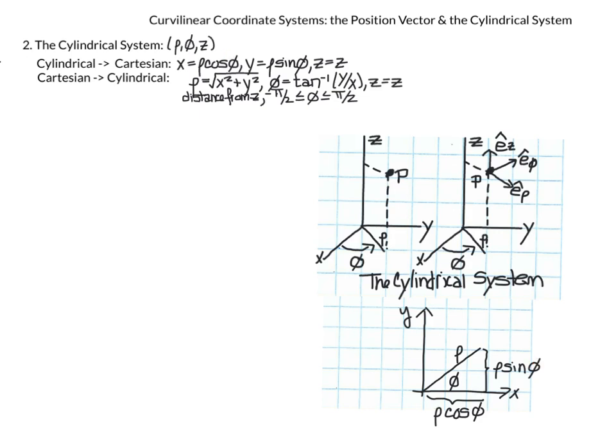Then you can also go backwards and see that rho is equal to the square root of x squared plus y squared, and that theta is inverse tangent of y over x. You might just think of these as polar coordinates with the z coordinate added on. Also, we'll talk about this picture a little later.